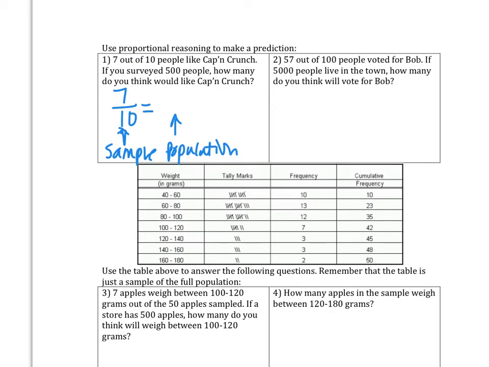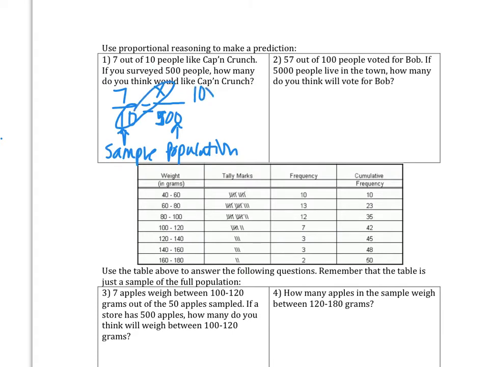So this would be out of, let me get rid of this arrow. So out of our population, we have 500. So out of the 500, how many of those will like Captain Crunch? So now we're going to cross multiply.